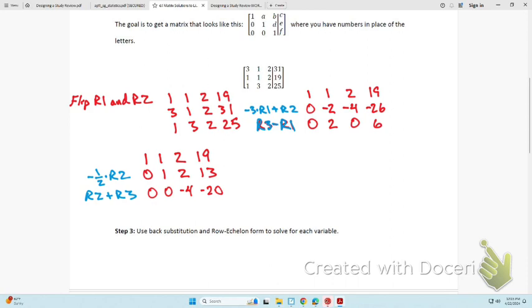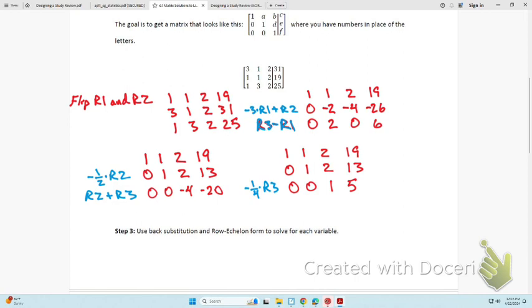Copy row 1, copy row 2. All right, for row 3, I need that negative 4 to become a 1. So let's go negative 1/4 times row 3. And we get 0, 0, 1, 5.